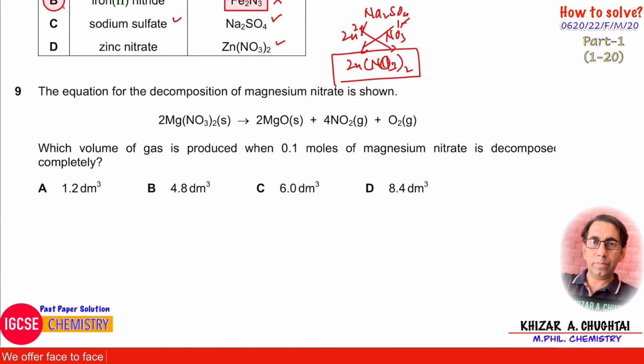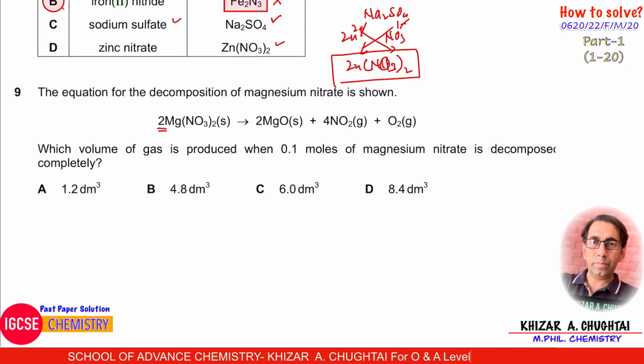Question number 9. The equation for the decomposition of magnesium nitrate is shown. Which volume of the gas is produced when 0.1 mole of magnesium nitrate is decomposed completely? Let's see over here, when 2 mole of magnesium nitrate is going to decompose, 2 types of gases are going to be formed, and what are their total moles? 4 plus 1, 5 moles of gases are formed.